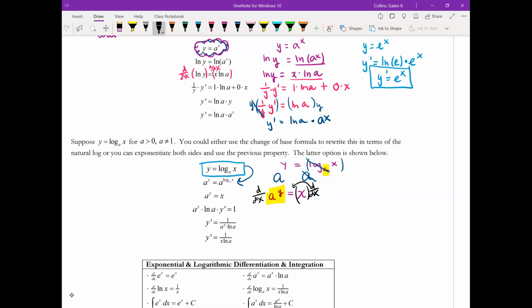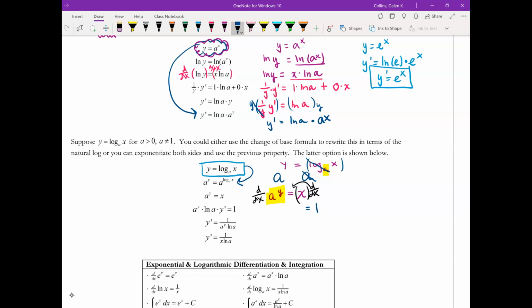So we're going to take the derivative of both sides with respect to x. Well, let's actually do the easy side first. The derivative of x with respect to x is 1. You could think of that as dx dx, but it's just 1. The derivative on the left side, so the derivative of a to the y, we could use our rule up here and we would say that's the natural log of a times a to the power of y.